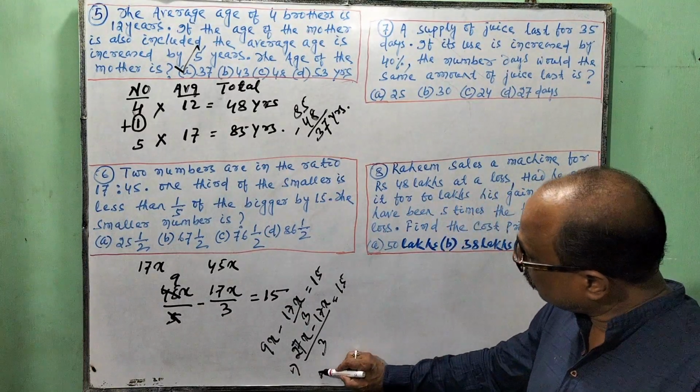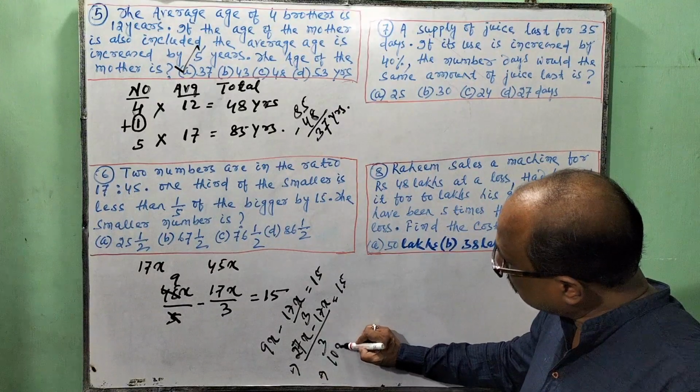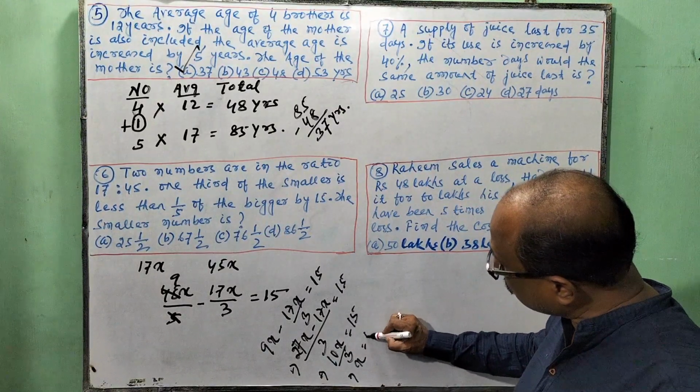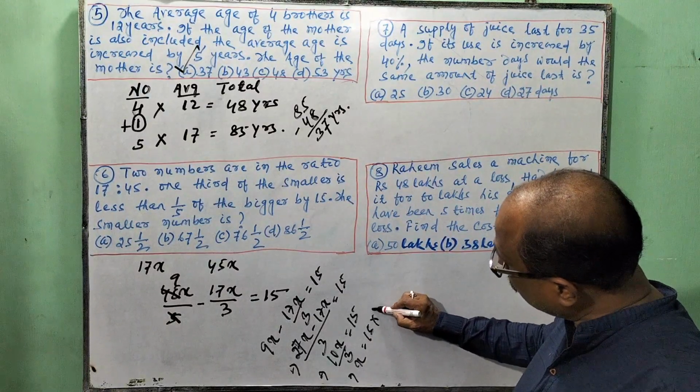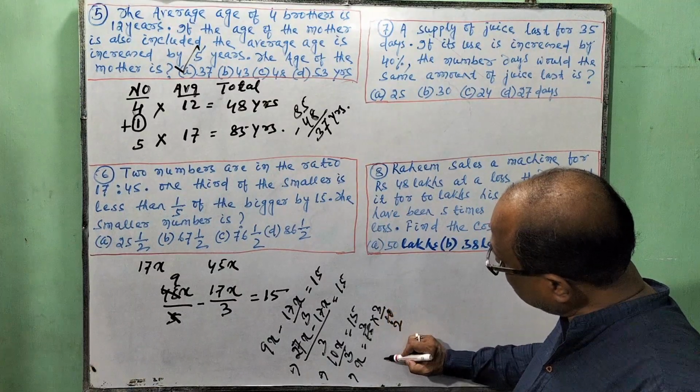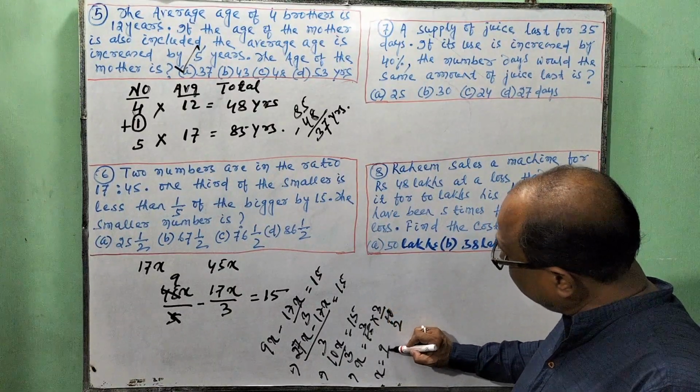So this is 10x by 3 is equal to 15. So x is equal to 15 into 3 by 10. 5 twos are 10, 5 threes are 15. So x is 9 by 2.